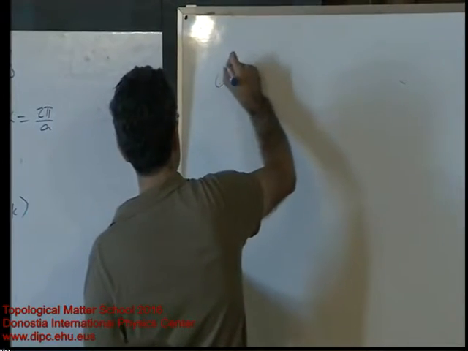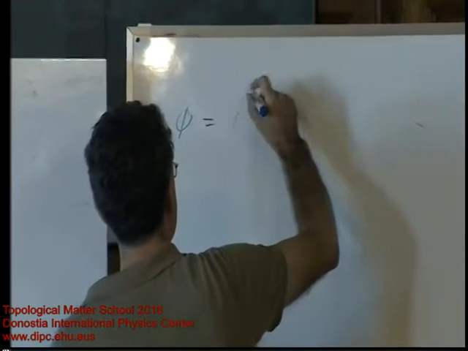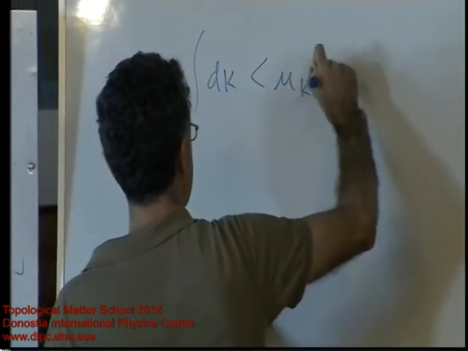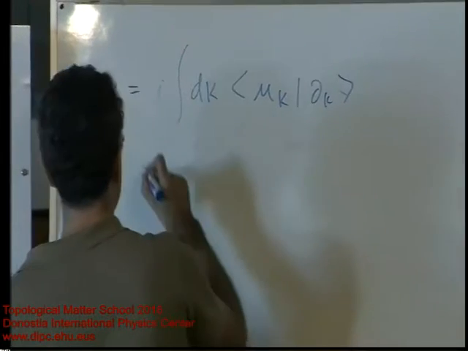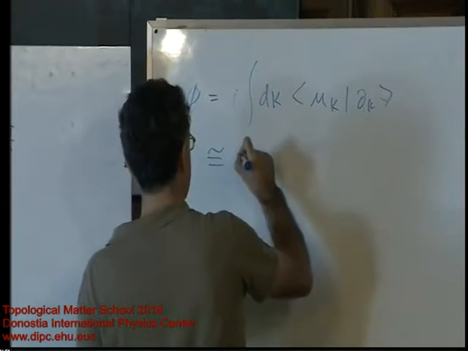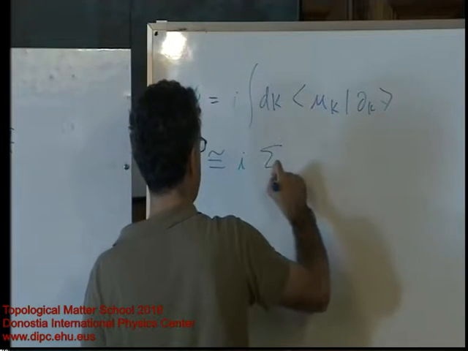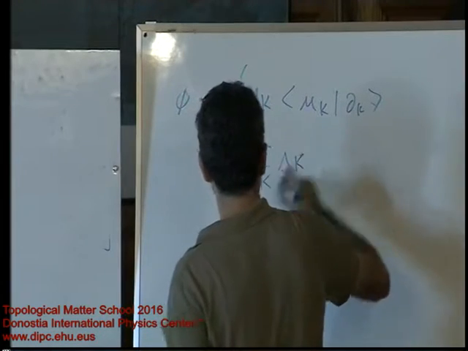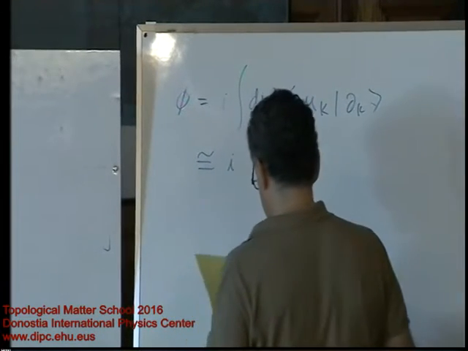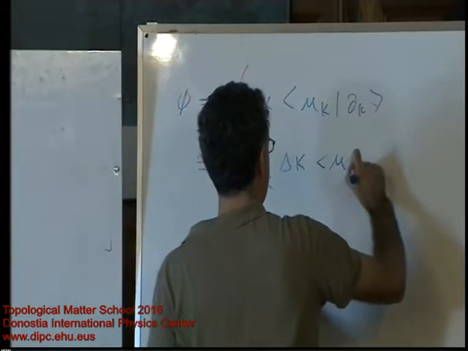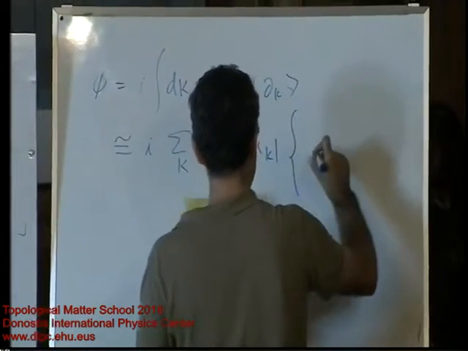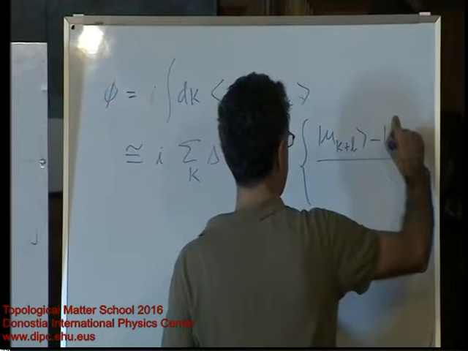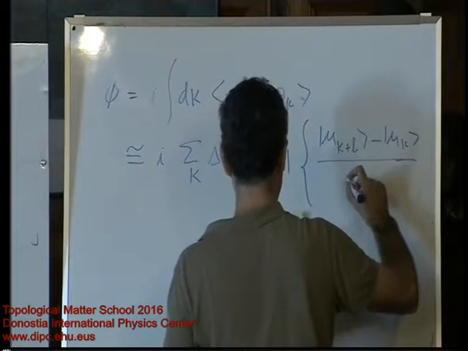And now I do a finite difference representation of the derivative. So remember, b and delta k are the same thing.